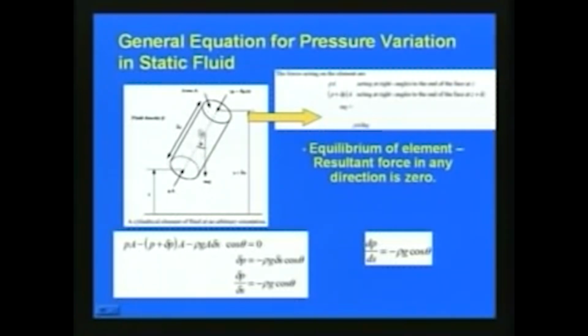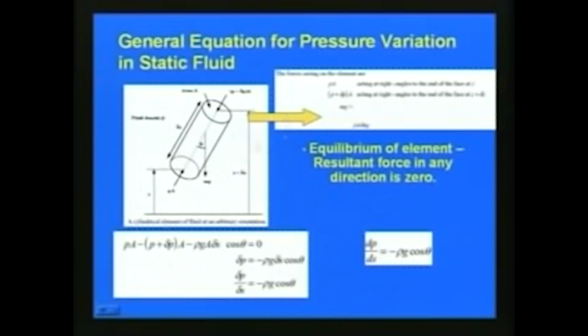On this face of the fluid cylinder, if the pressure intensity is P, the force is equal to P into A, and on the other side, if the pressure is increased by delta P, the force is equal to P plus delta P into A. Here the fluid density is rho, and this distance is Z, and here Z plus delta Z.